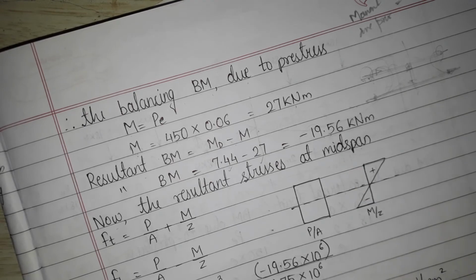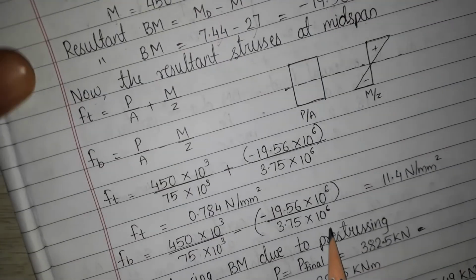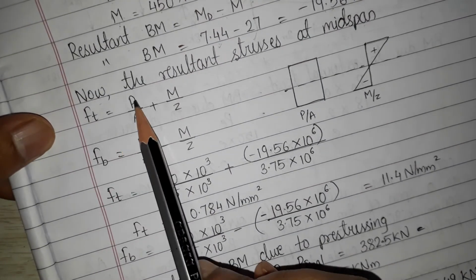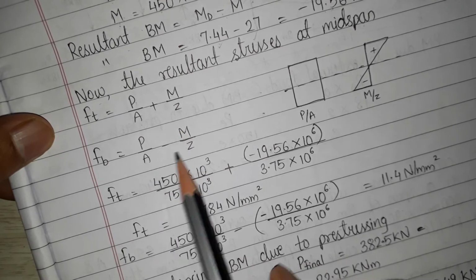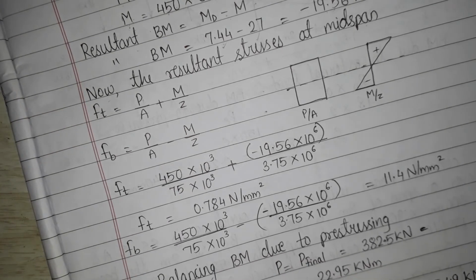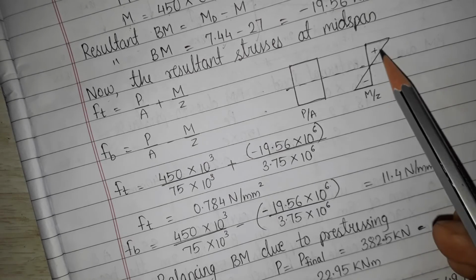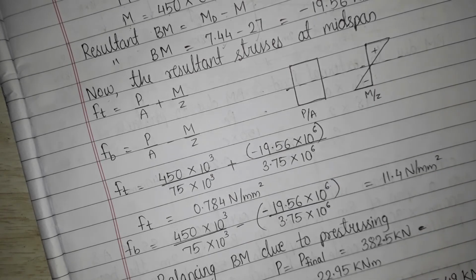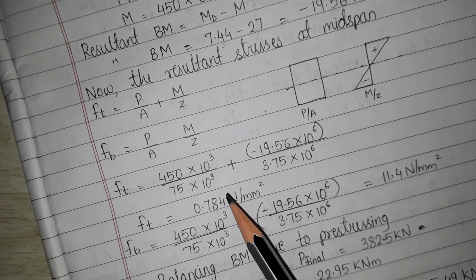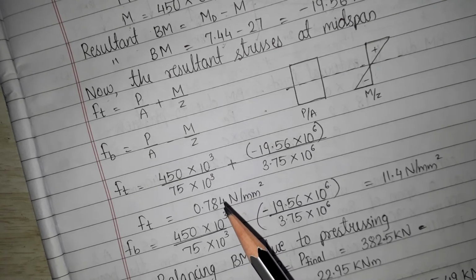stress at midspan. As I told you, we have only P by A plus M by Z, P by A minus M by Z, that is plus and minus like this. So positive and negative. Here we have to consider only the dead load plus pre-stress, the initial pre-stress.